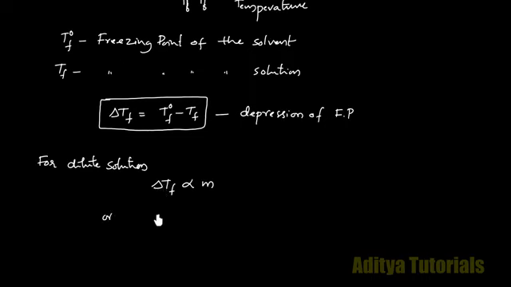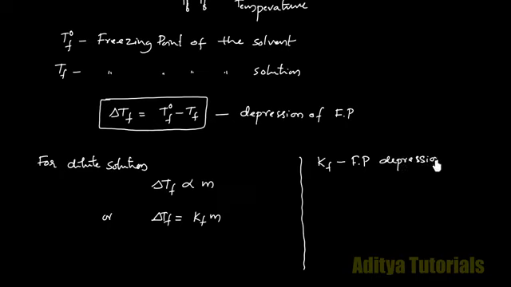So we have delta Tf equal to Kf into m, where Kf is a constant, and this constant is called the freezing point depression constant, and sometimes it is referred to as the molal depression constant.